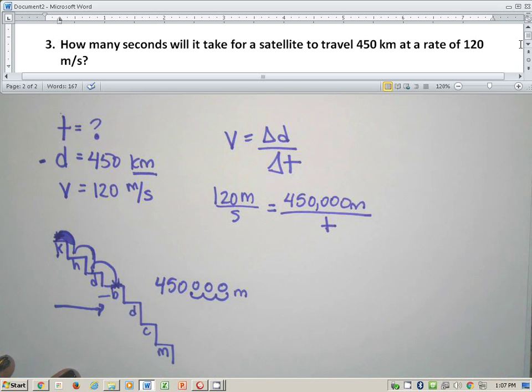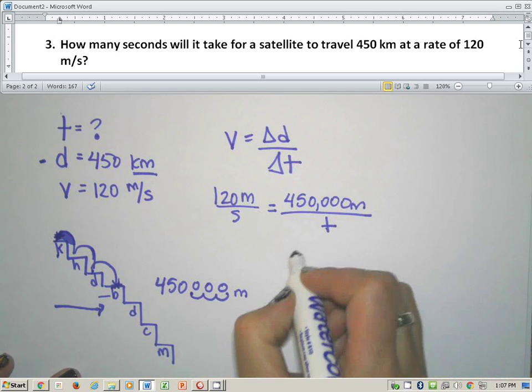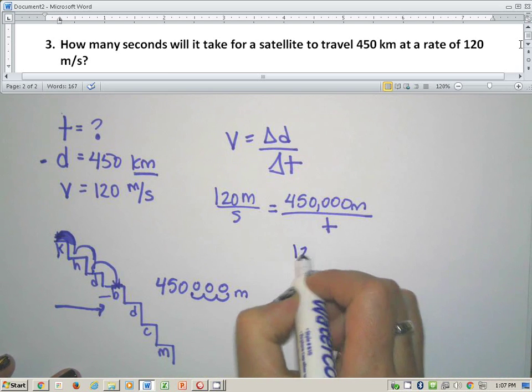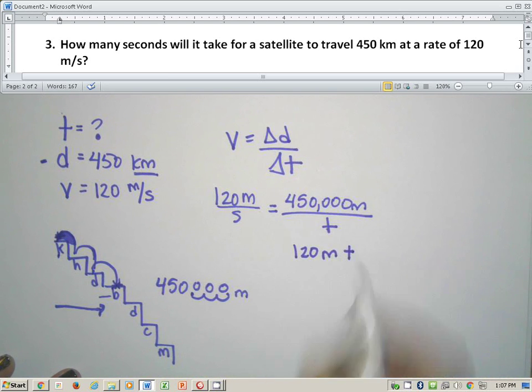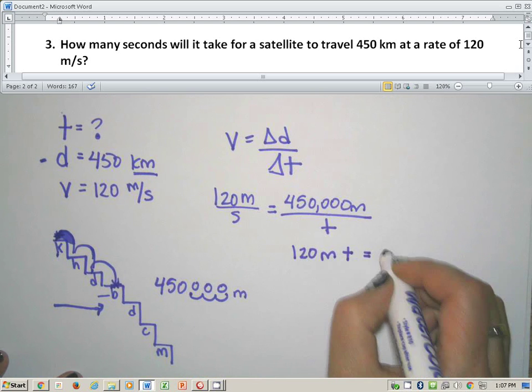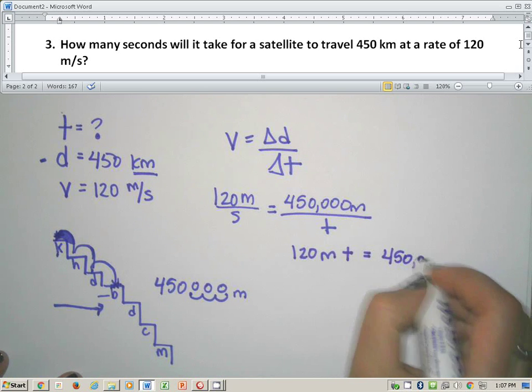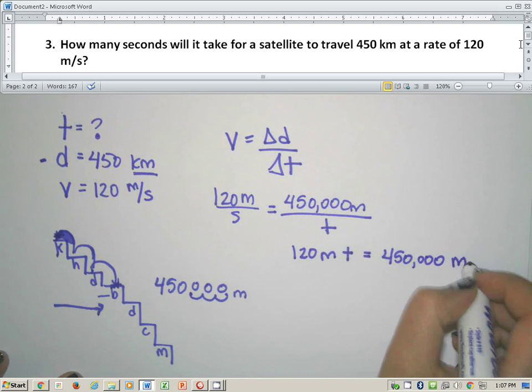Easiest way to go about it is basically to cross multiply. I'm going to go ahead and work out all my steps. I'm going to scoot over a little bit. That'll give me 120 meters times T is equal to 450,000 meters times seconds.